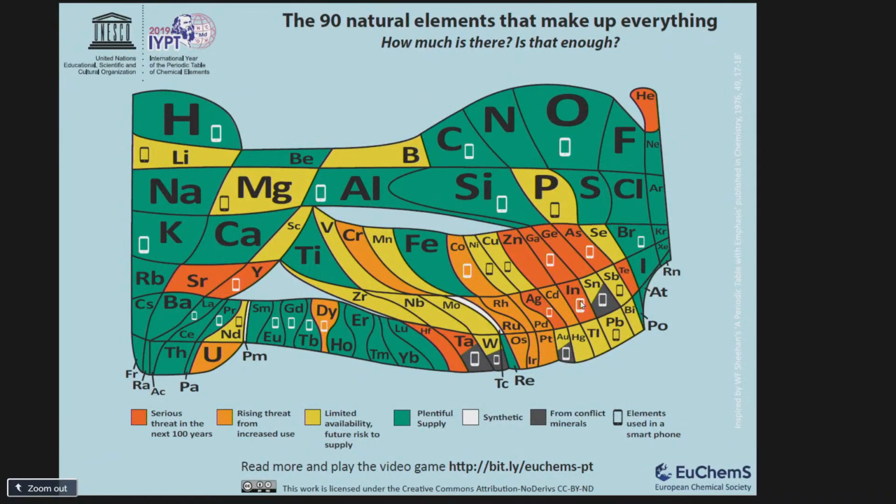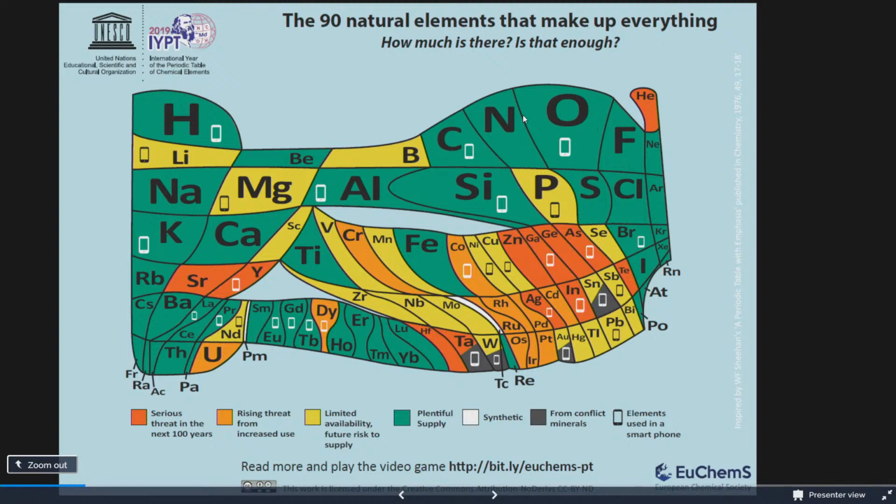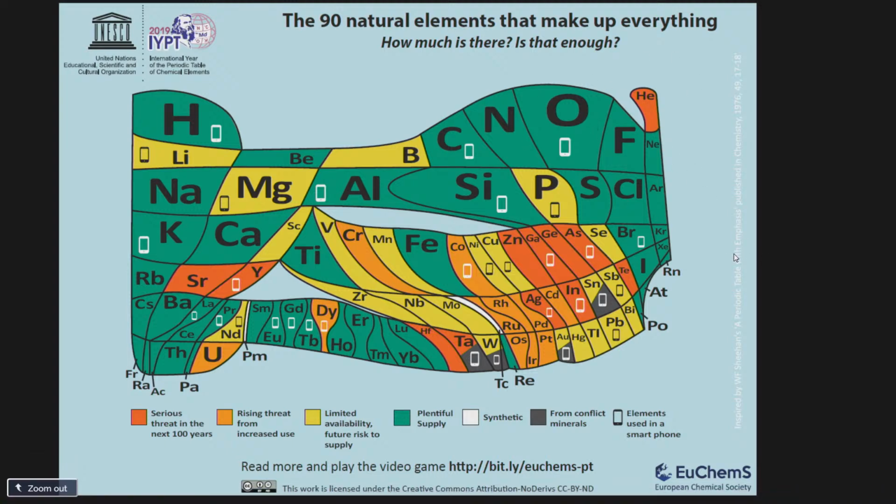This version of the periodic table from the European Chemical Society looks very different. Each box is proportional to how much of that element exists on Earth. You see the biggest box is oxygen, the most abundant element on Earth, and many of the precious metals and rare earths are relatively small boxes.